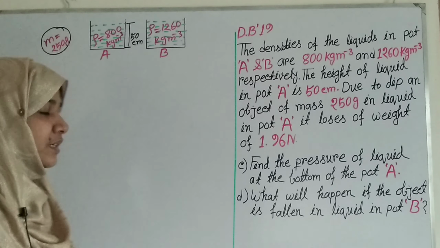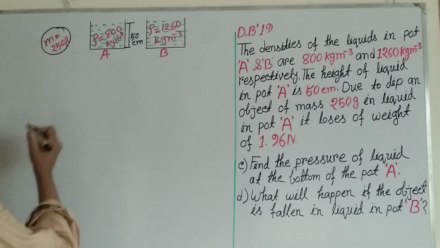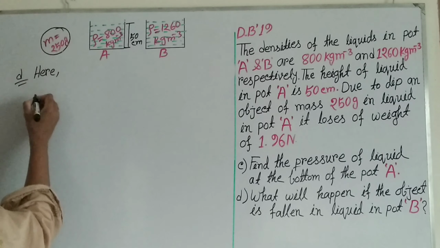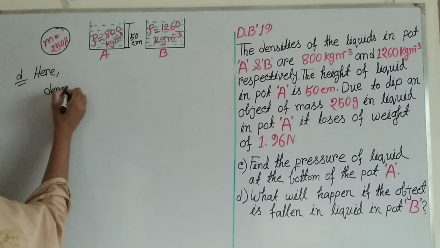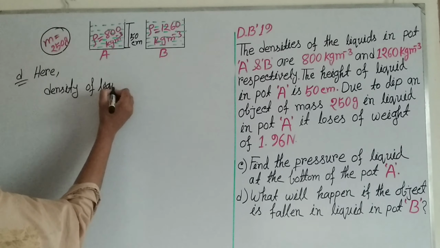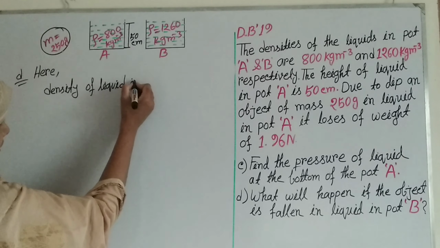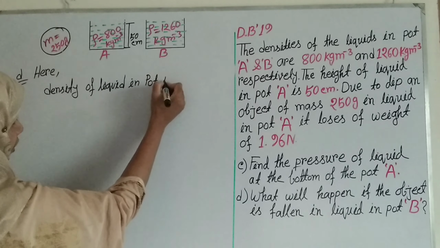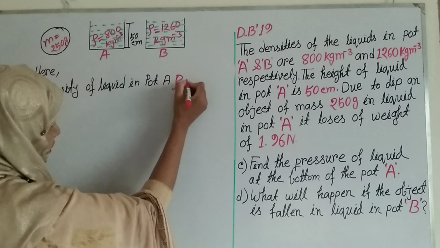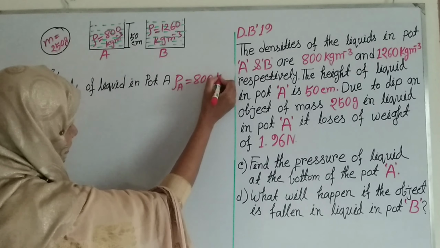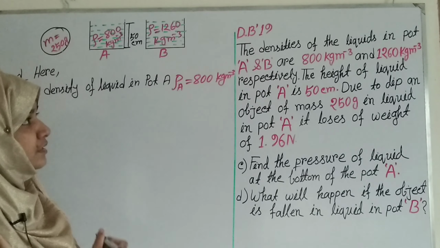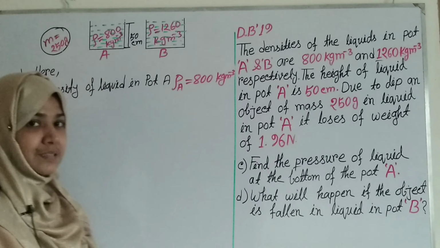So the given information for question D is: density of liquid in pot A, rho A, is 800 kg per meter cube.